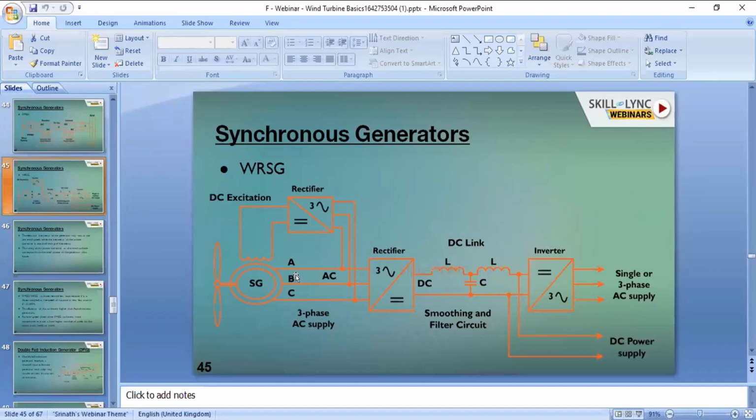The output of the stator or the grid is tapped with a small rectifier, and this controlled DC voltage is fed to the DC excitation of the rotor. But the only thing here is that there will be slip rings, so there will be some issues like wearing out of the carbon brushes. That's the reason permanent magnet machines are more popular.